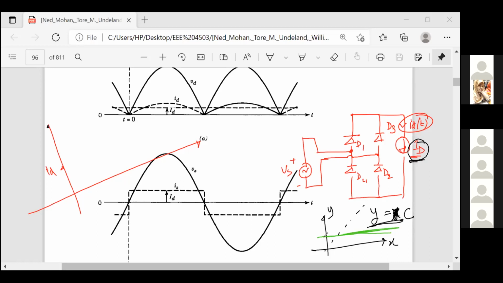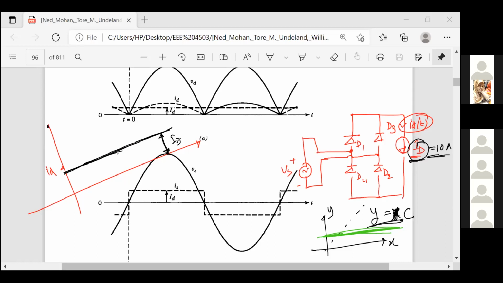Yes, she is correct. We'll get a voltage like this and current like this. If ID is, say, 10 ampere, then this value is 10 ampere.